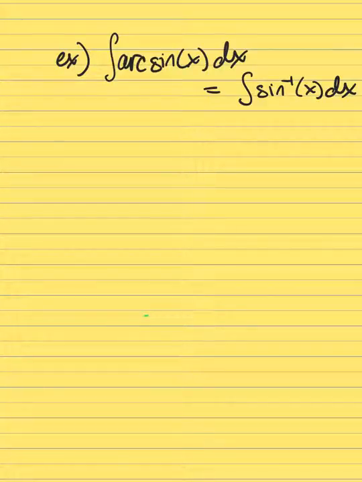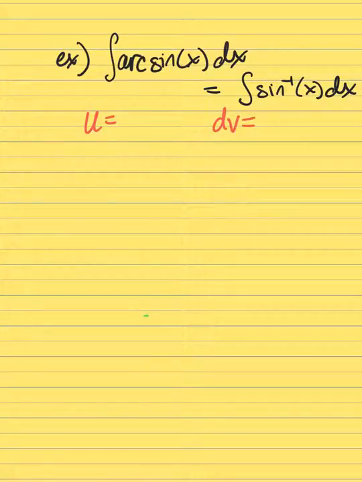This is not going to be tabular. Why not? I don't have the derivative of something that's going to go to 0. I also don't know the antiderivative of sine inverse or arc sine. If I did, I'd already just say this is the answer. But we don't. So I've got to figure out my u and my dv.